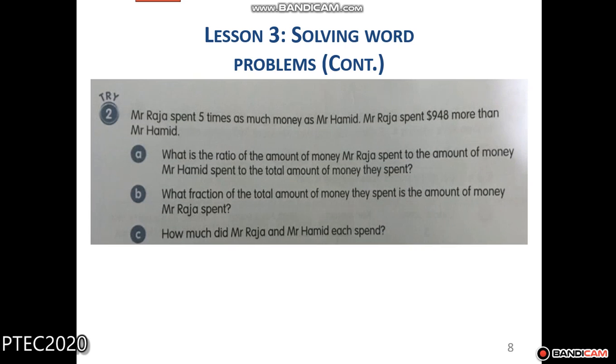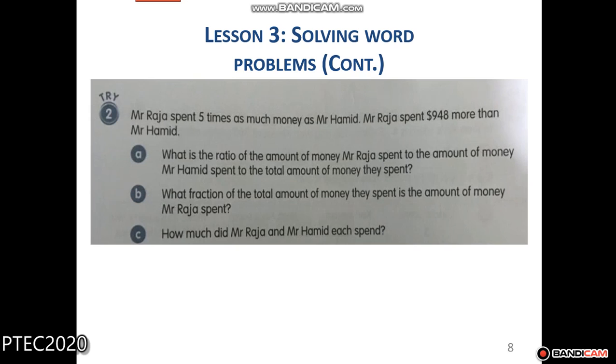Mr. Raja spent 5 times as much money as Mr. Hamid. Mr. Raja spent 948 more than Mr. Hamid. There are three questions. The first question: what is the ratio of the amount of money Mr. Raja spent to the amount of money Mr. Hamid spent and to the total amount of money they spent? It's the same as the previous question.